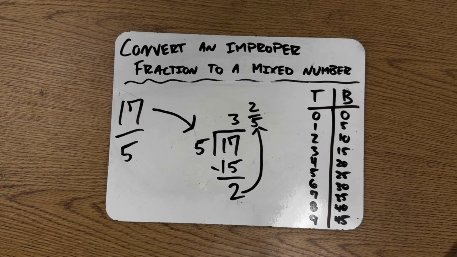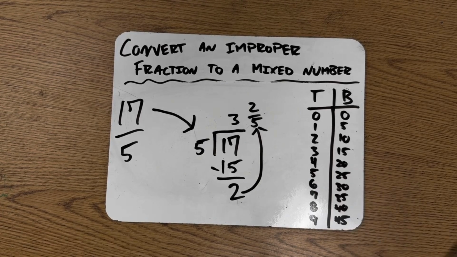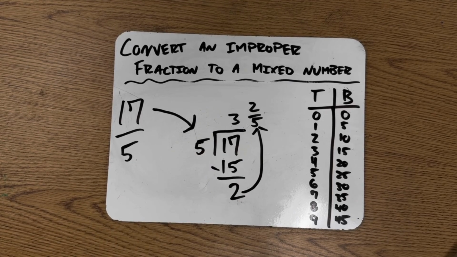You should be able to help catch mistakes. The biggest thing, again, to avoid, the denominator stays the same no matter what. Whichever problem, whichever way you're doing this, the denominator stays the same.